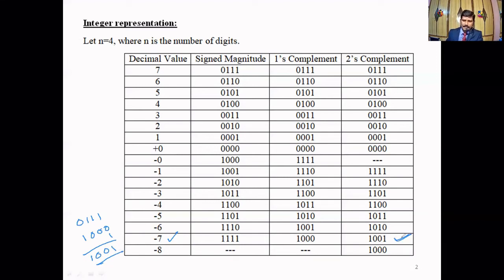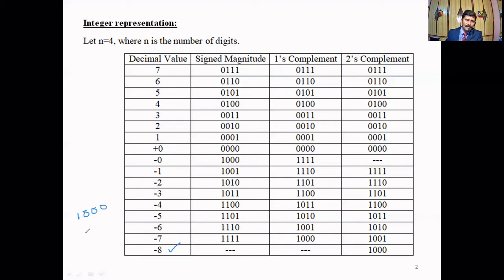Now minus 8, because it is not there. So minus 8 is also possible. In total 16 integers we can represent if n equals 4. Now let us see how we can represent minus 8. Take minus 8. 8 means what? 1, 0, 0, 0. Take this value and find the 2's complement.